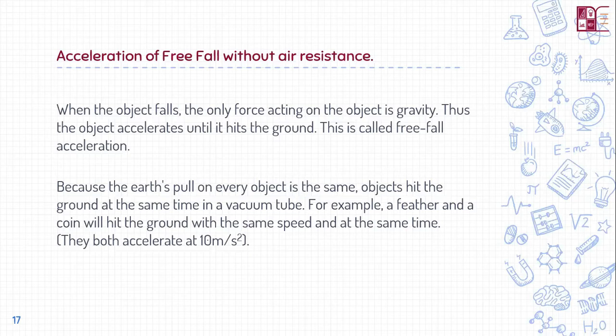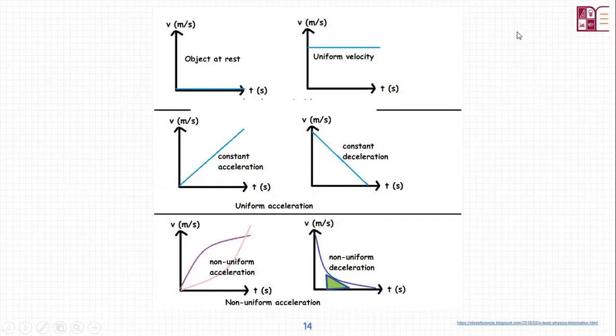And if I were to draw a velocity time graph for this free fall without air resistance, it would be like this graph of constant, uniform acceleration, which would be 10 meters per second squared. This graph would be the graph of free fall without air resistance.